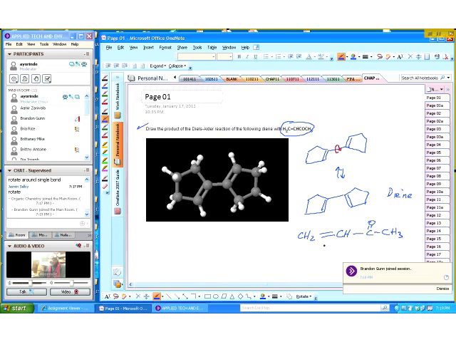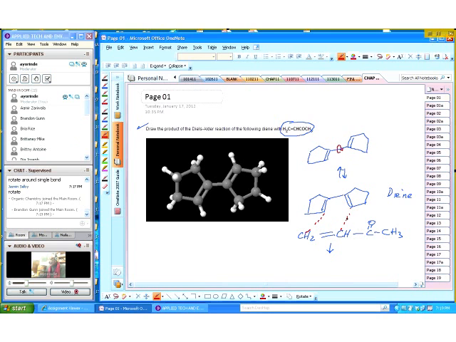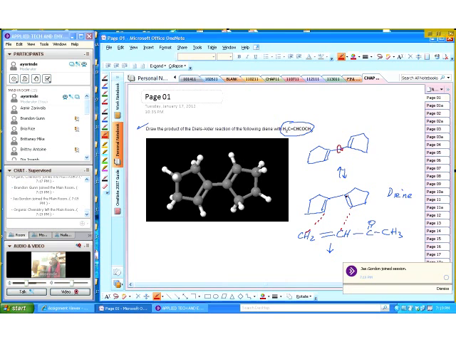So now we can form our Diels-Alder product. You can simply imagine that you are joining this carbon to this carbon, and you are also joining this carbon to this carbon. So therefore, you form your 6-member ring. This is carbon number 1, 2, 3, 4, 5, and 6. So let us go ahead and draw that.